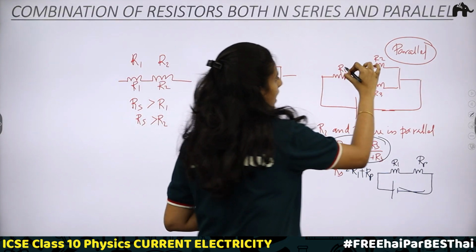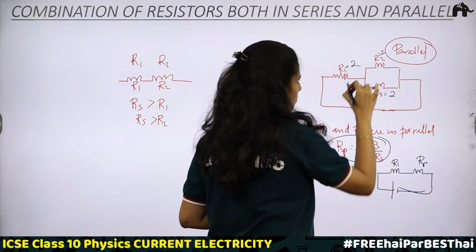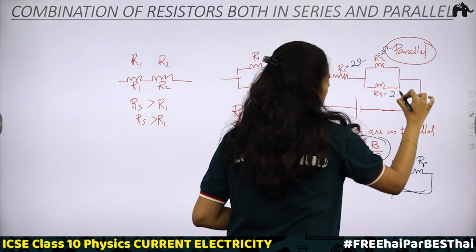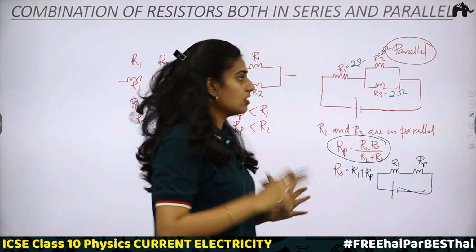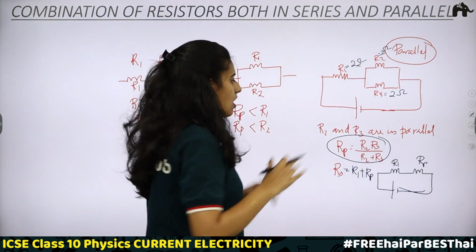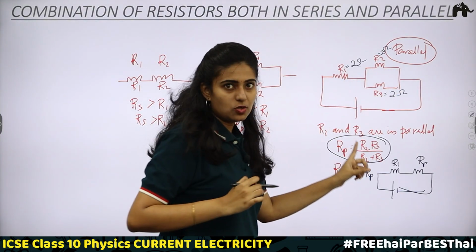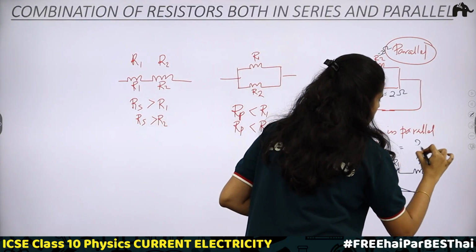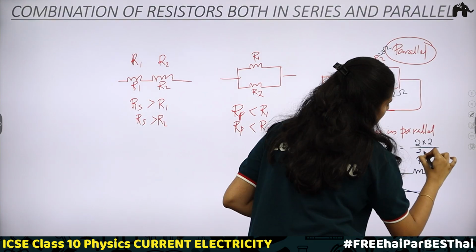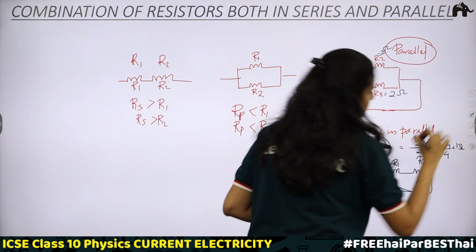For example, if R1 is equal to 2, R2 is equal to 2 and R3 is equal to 2. Okay. R1, R2 and R3 are equal to 2. In this case, let's find what is the effective resistance of the circuit. How to find? First, you will have to solve this part, which is Rp is equal to R2 R3 divided by R2 plus R3 equal to 2 into 2 divided by 2 plus 2, which is 4 by 4 equal to 1 ohm.